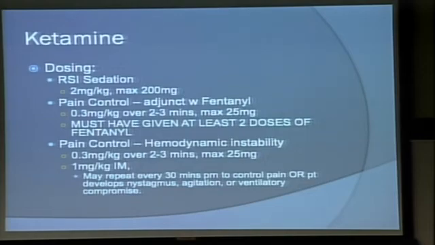Now, the pain control, you can repeat that a little, if you haven't had reasonable pain control in, say, 5 to 10 minutes, give them another dose. If you're giving an IV.